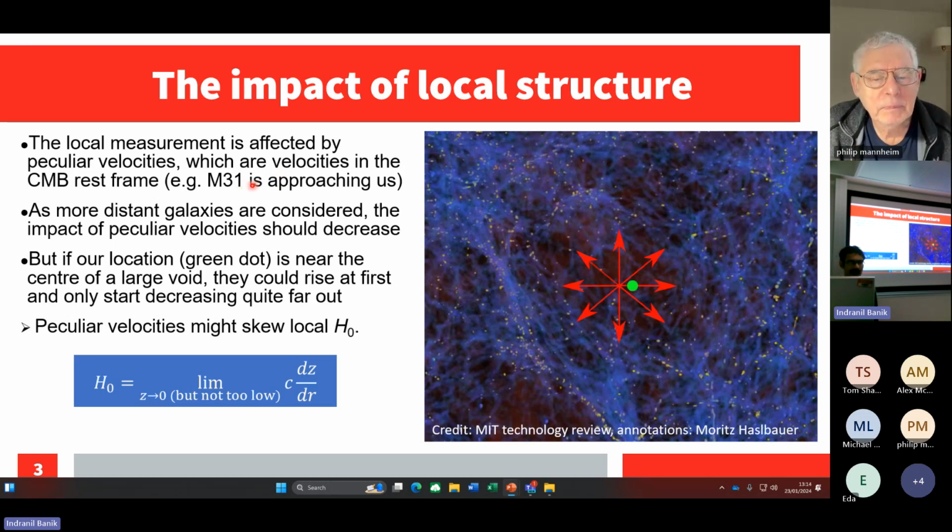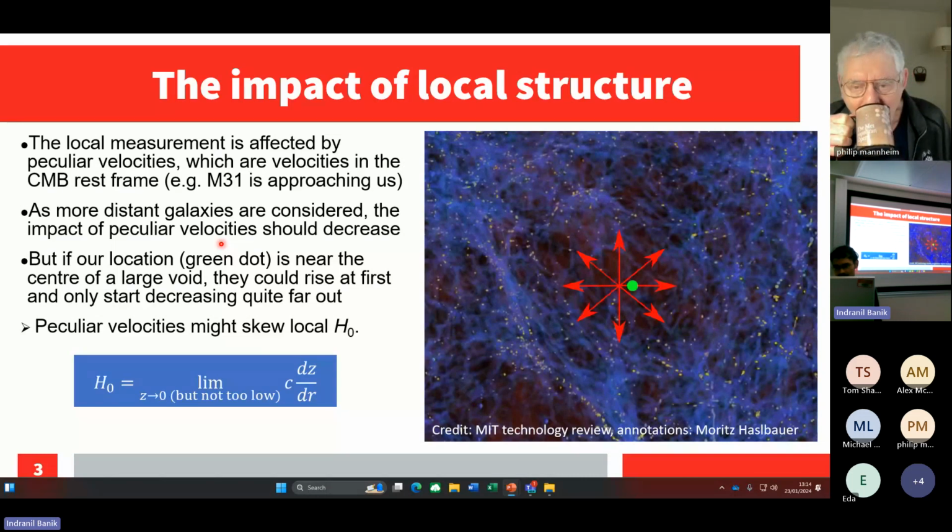That is not because the universe is contracting. This is because there are additional motions on top of universal expansion. But it's thought that as you look at more and more distant galaxies, these so-called peculiar velocities, although they would typically remain the same, would be relatively less important because the contribution of the expansion of the universe would be more important.